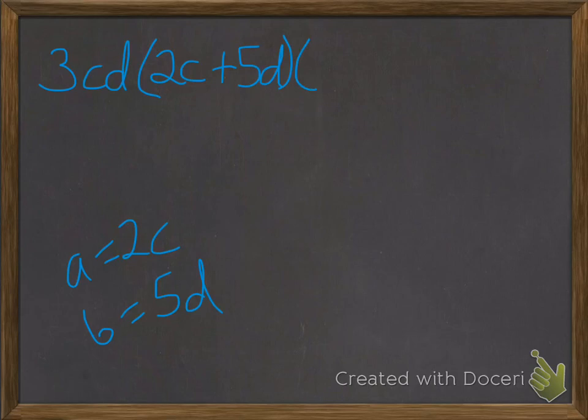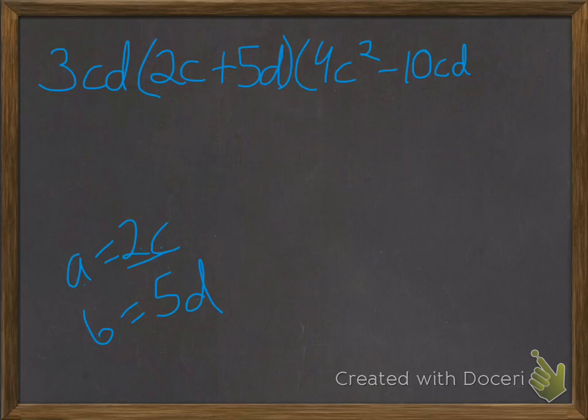And now, this is the long, complicated part. So now we have a squared, so take 2c and square it, and you're going to get 4c squared. And now a times b, so 2c times 5d, that would be a minus 10cd.